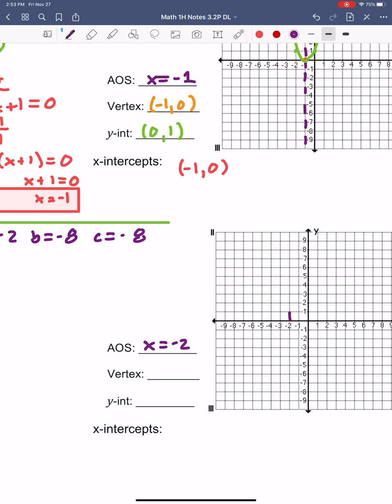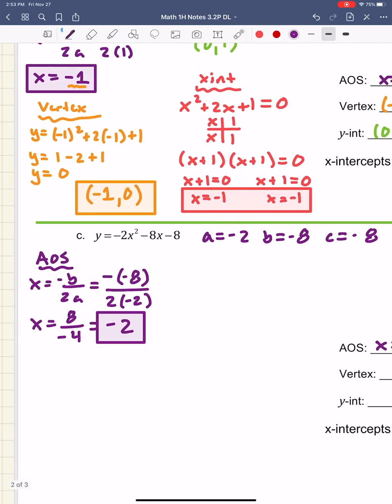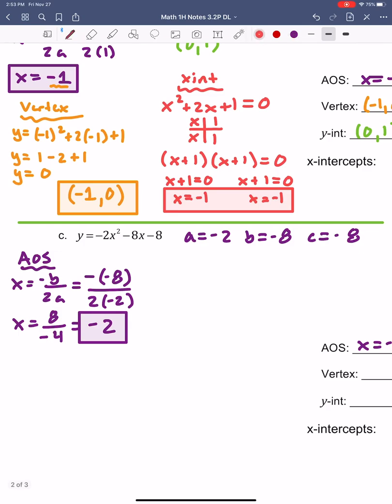So then I'm going to go ahead and draw that axis of symmetry going through my x-axis at -2. And remember that's the first part of the vertex, so we'll go ahead and find the rest of the vertex here. And remember, we do that by taking this -2 and punching it in for x in my original equation. And so it looks like this, y equals -2 times -2 squared minus 8 times -2 minus 8.